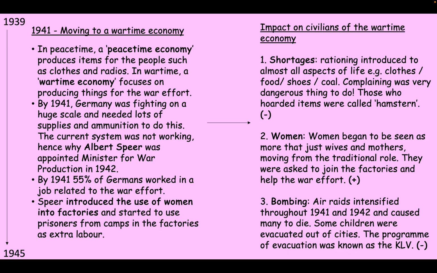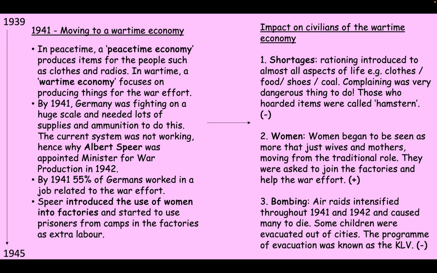So a peacetime economy makes things for people's everyday life. But they move to a wartime economy. And the wartime economy focuses much more on producing things for the war effort. So producing things like ammunition, weapons, uniforms, things that are used for the war rather than for people back home.